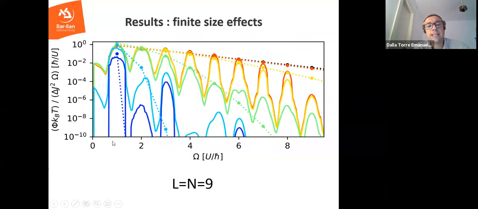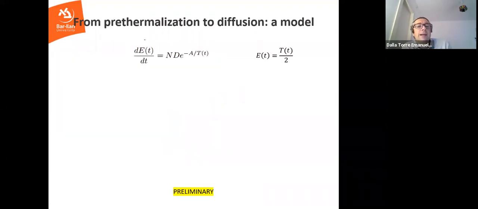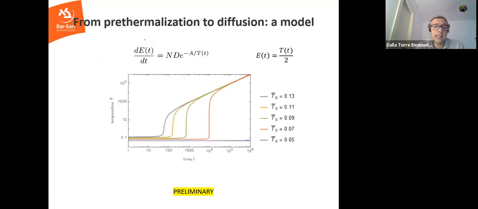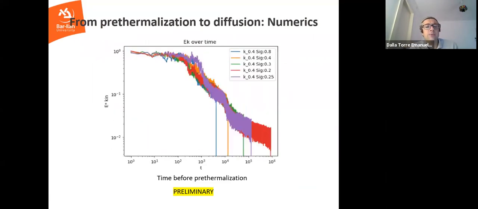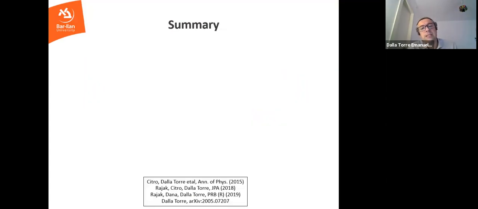The numerics I was showing you here is basically in the prethermal regime, what happens at the initial short times. Here we actually develop a method that can allow us to go from the prethermal regime to the diffusive, really connecting those two regimes. This is something that we are currently working on, and it seems to work very nicely. We have a way to collapse all the numerical data into one. But this is still work in progress.